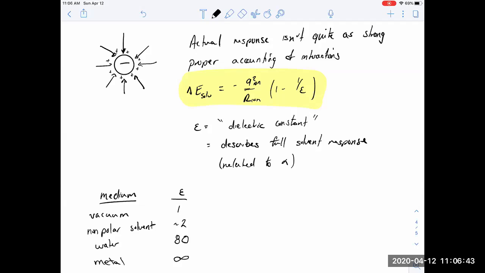The amount that it is favorable goes inversely proportional to their size. So if the ion gets very big, the solvation energy goes down. And it depends on the material that is doing the solvating only through this constant epsilon. This is an equation known as the Born solvation model.